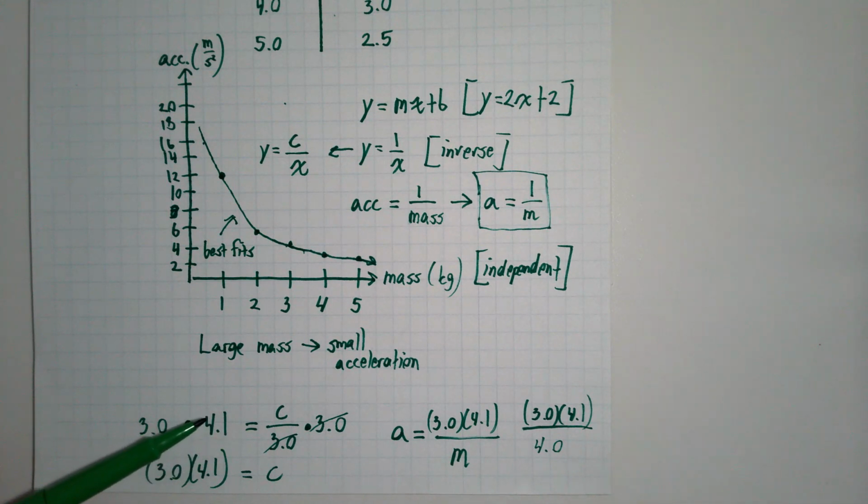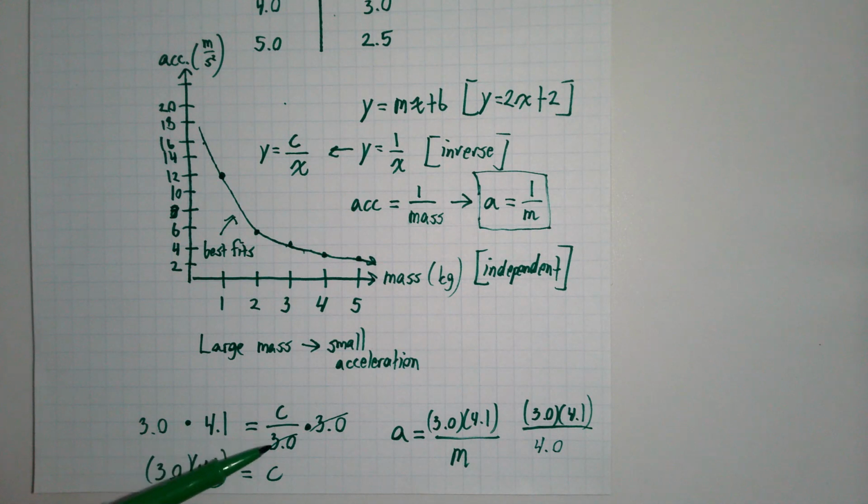We said the y value, 4.1 meters per second squared. The x value, which was 3.0 for the mass, solved for c using just some simple algebra. Our c is 3.0 times 4.1, whatever that is, right?